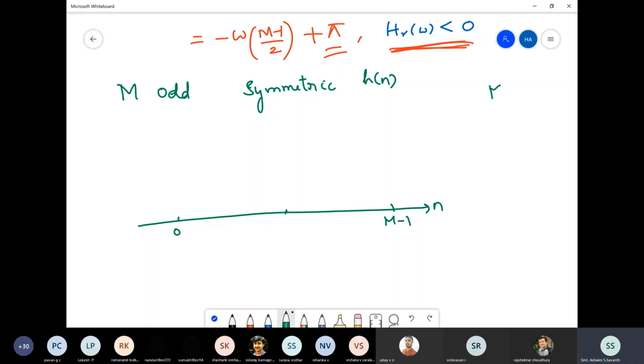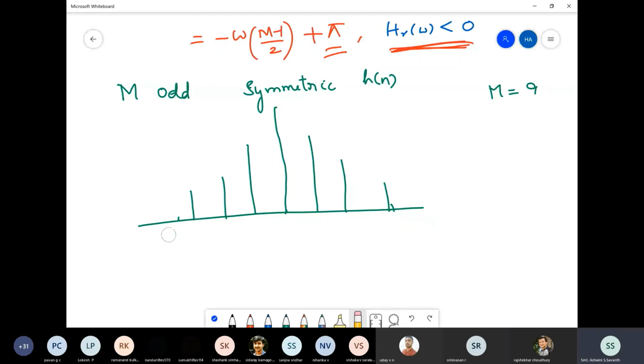So M is odd. Let me take a value of M to be equal to 9, let's say. So the center value will be unique, as you know, and then you will have samples like this to the left and right of it.